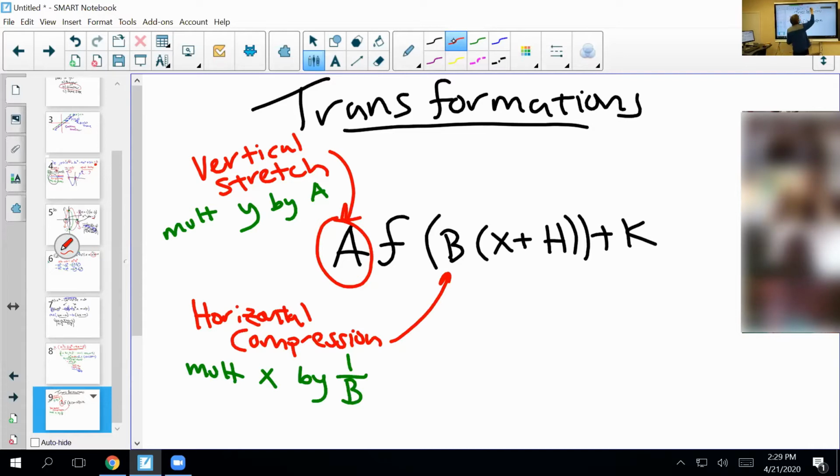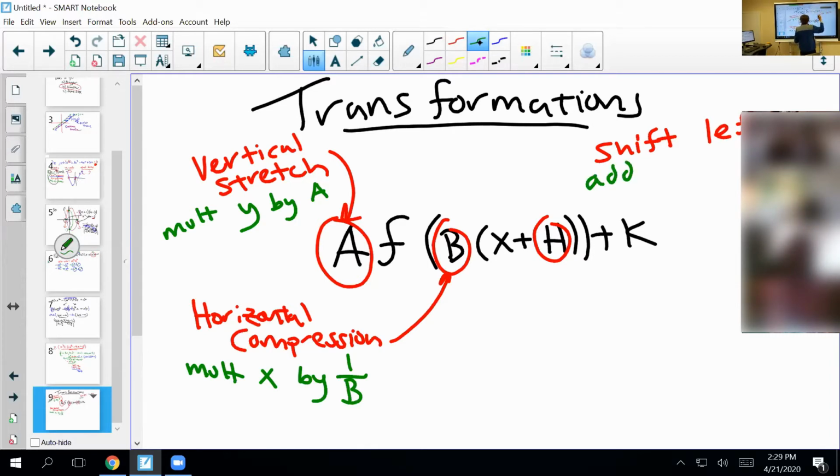Okay, H is next, so H is just a shift to the left. And you're gonna basically add to X the value negative H. So again, there's kind of a flip here.